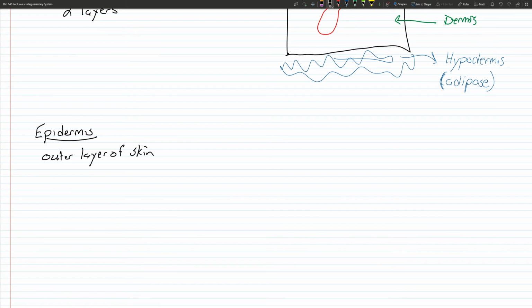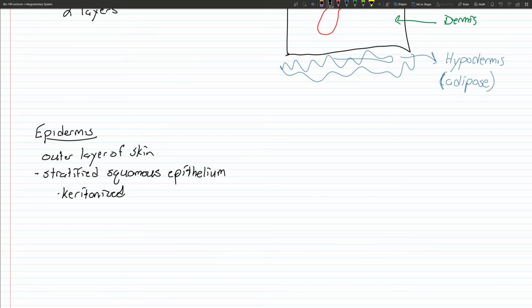It is a tissue type called stratified squamous epithelium. Specifically, it is keratinized. It is keratinized, stratified squamous epithelium. And basically keratin is just this protein, it's dead cells. It's a protein and the cells are dead.